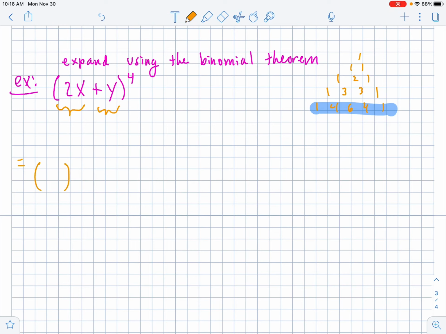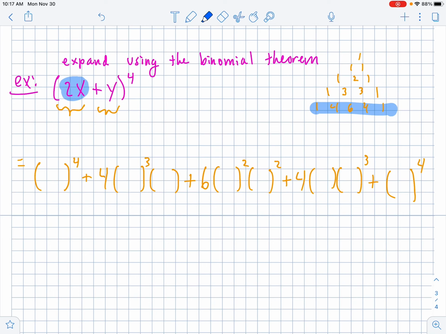It's going to be something to the 4th plus 4 something cubed times something plus 6 something squared plus 4 something to the cube plus the last thing to the 4th.